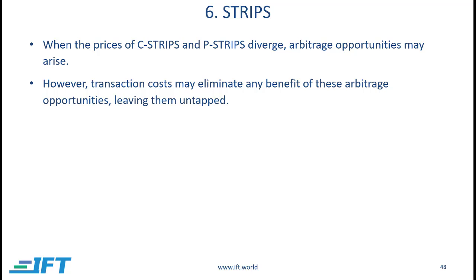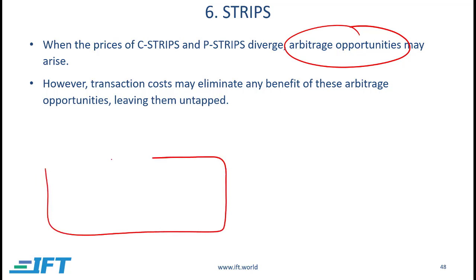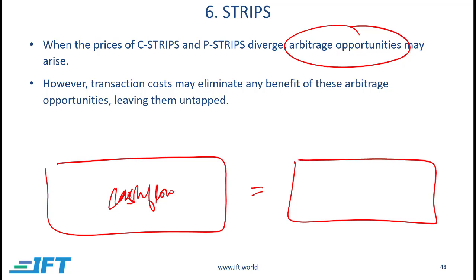Alright, now you could use these different strips to actually look for arbitrage opportunities. So let's say there is a bond with a certain cash flow, and then you could replicate that exact same cash flow using different strips, depending on the dates and amounts of the cash flow coming in on this bond.